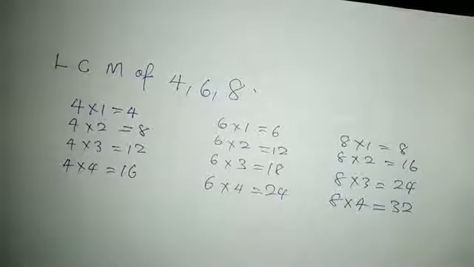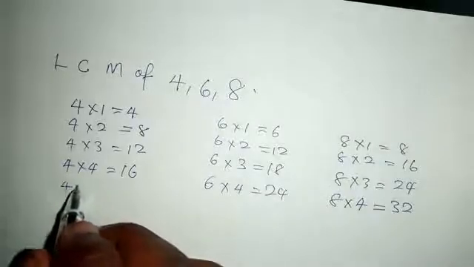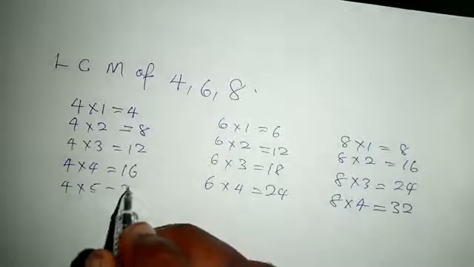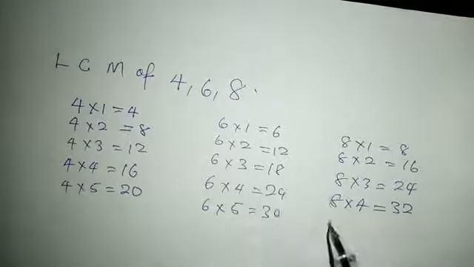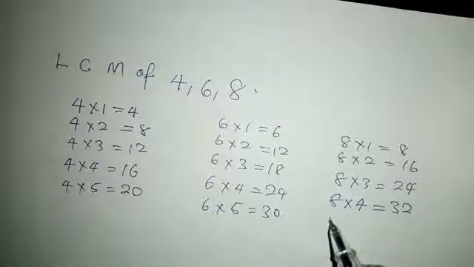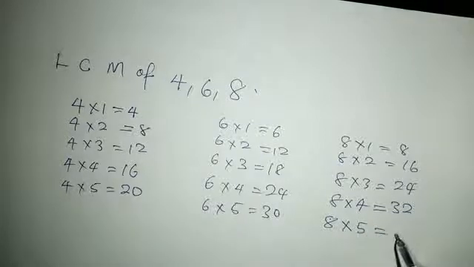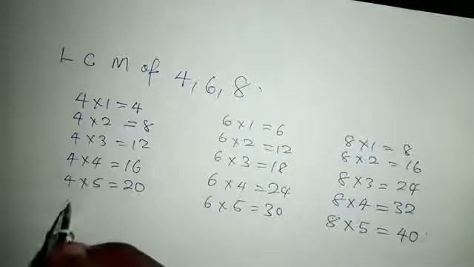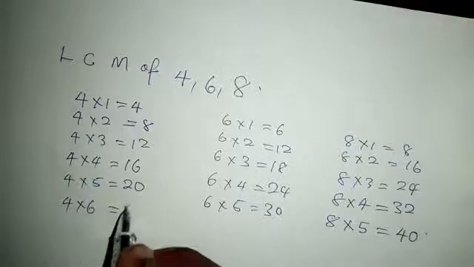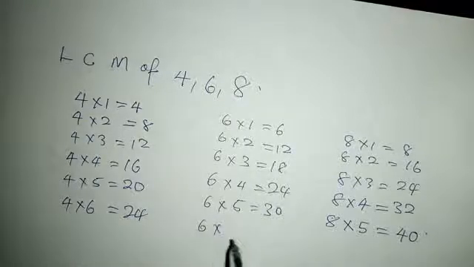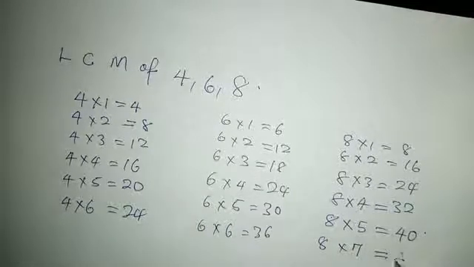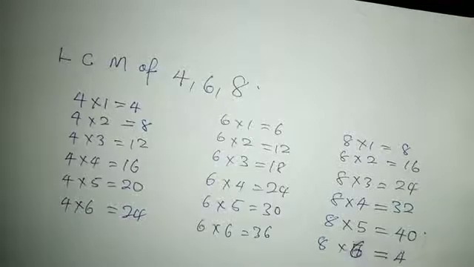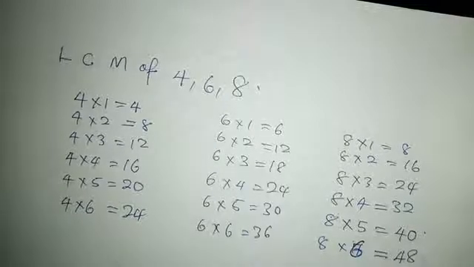Okay, 4 times 5 is 20. 6 times 5 is 30. 8 times 5 is 40. 4 times 6 is 24. 6 times 6 is 36. And 8 times 6 is 48.